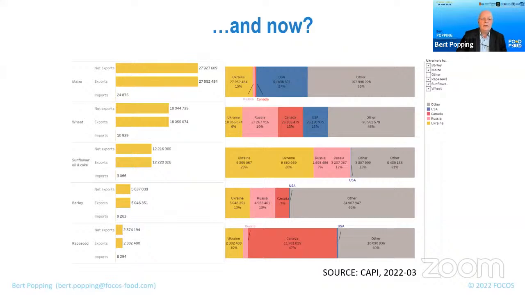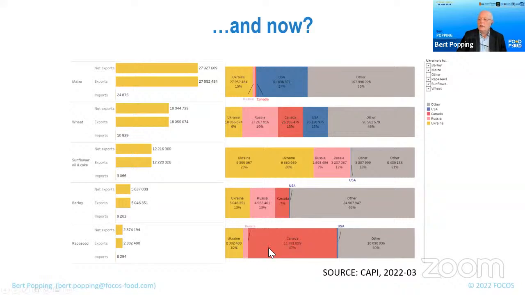So some countries have already positioned themselves to try and alleviate some of the effects that we're seeing as a consequence of that. The Canadian Agri-Food Policy Institute published a report, and this is taken from that report, where they look at the different commodities. And certainly Canada is one of the major producers of canola.